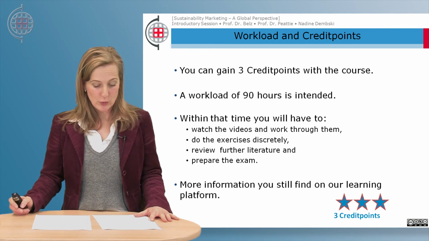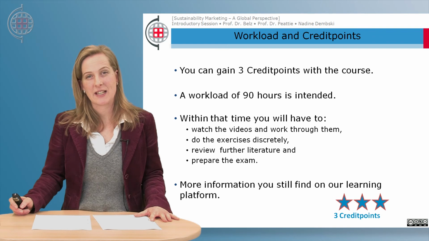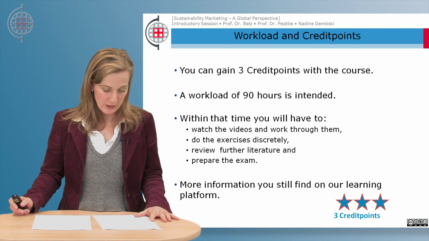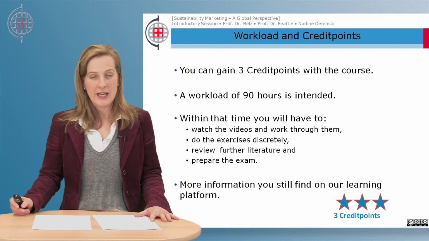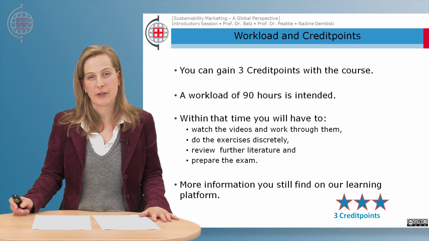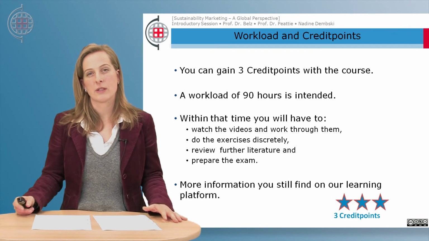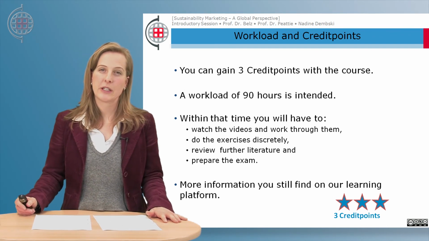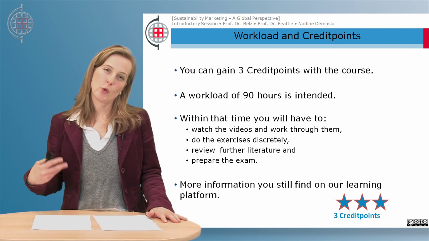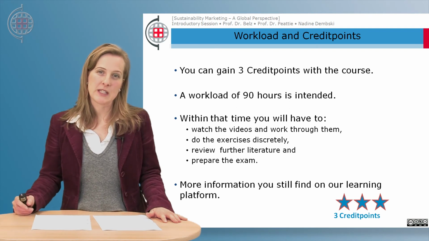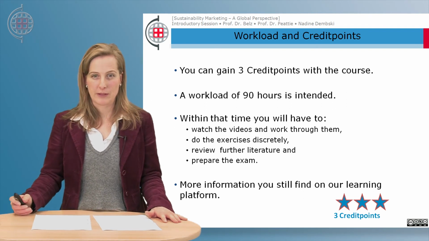You always have to do the exercises at the end of the presentations, read literature, and of course you have to prepare for the exam. More information about how to study and which learning materials you can use to support your own learning process you will find on our learning platform.